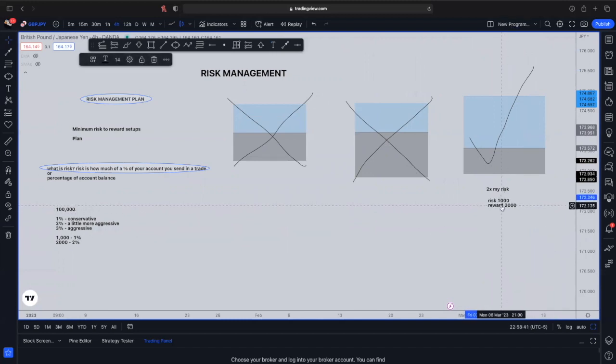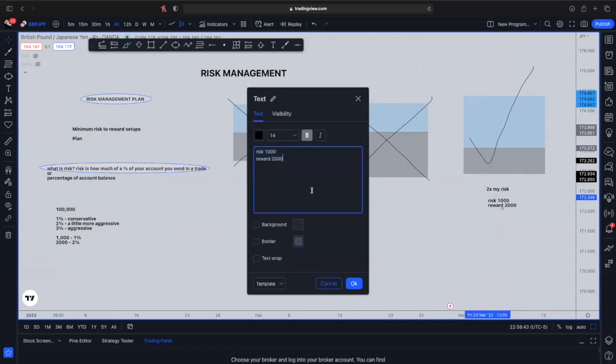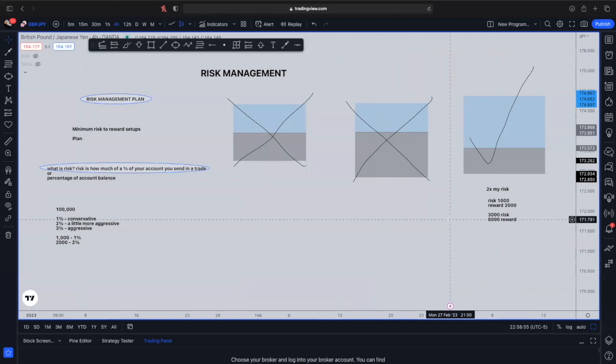That is what I aim for every single time. So if I risk 3%, which is very aggressive, my reward is 6,000. That's the easiest way to show you guys.